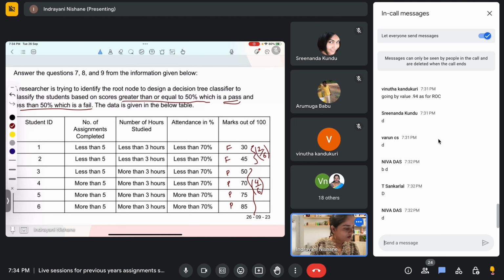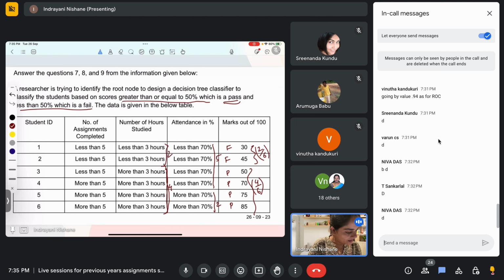Now this is less than 70, more than 70. So this total is 5, and here this is 2. There are two groups for every feature. So let's try to do this counting beforehand. More than 3 hours of study time, 4 count, and less than 3 hours is 2 count.